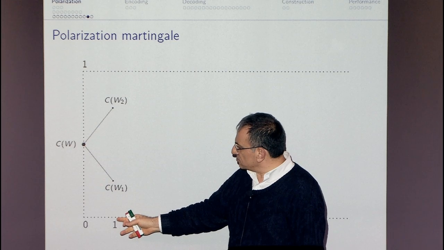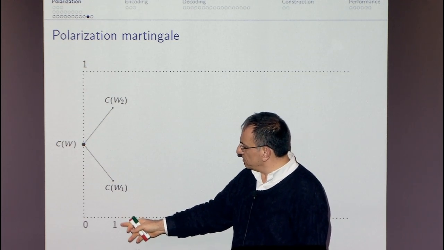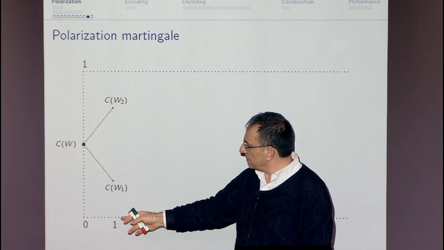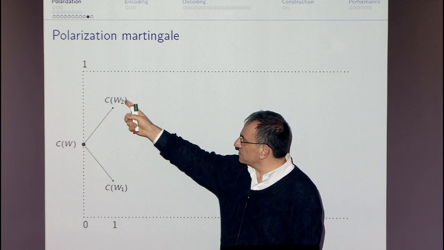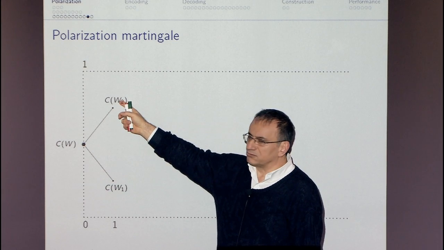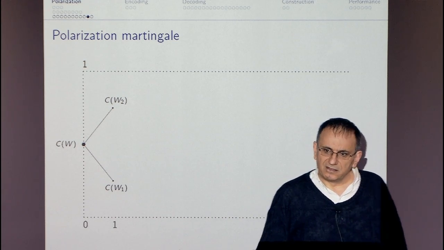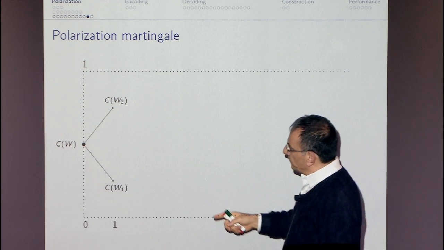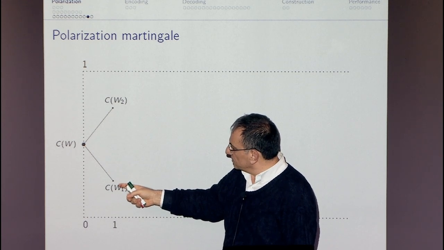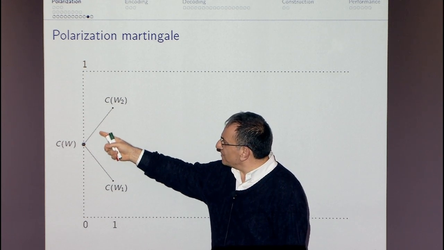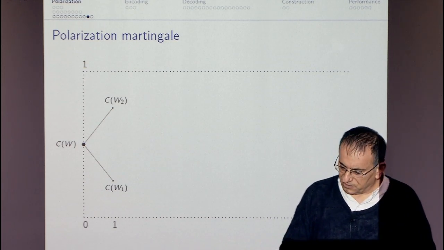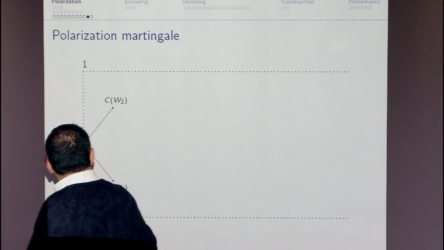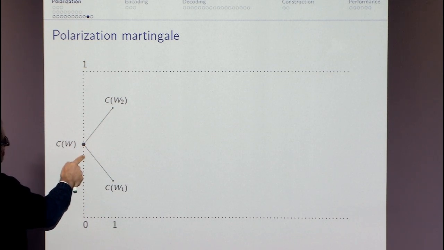If the size of the construction is 2, I have only one level here. I create two channels, W minus and W plus. So I pretend that I pick one of these two at random. Say there is a random choice.